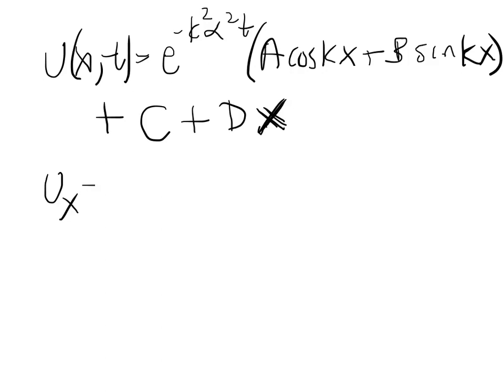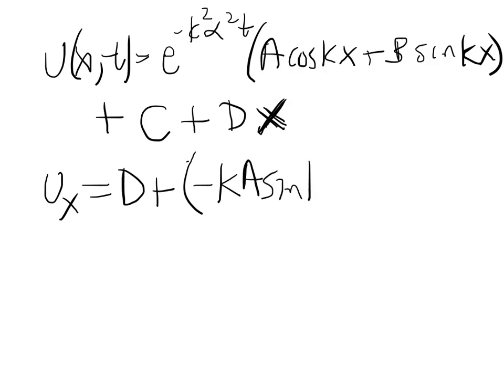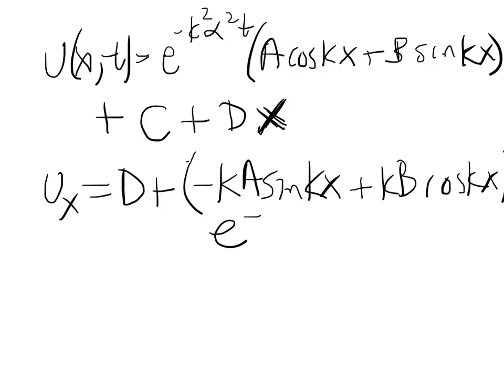So first let's find ux, and that gives us d plus, parentheses, minus k a sine kx plus kb cosine kx, that expression times minus k e to the minus k squared alpha squared t.